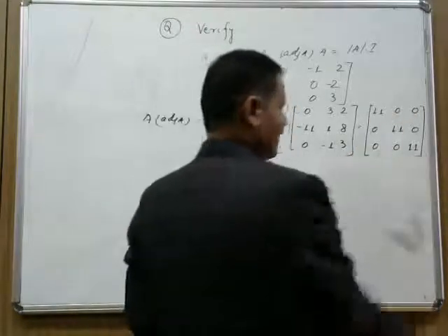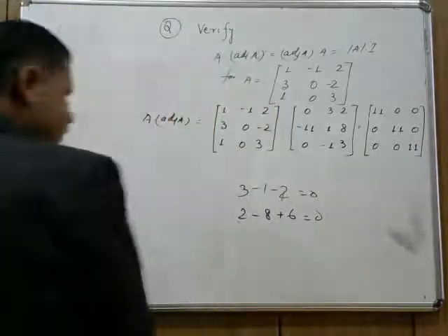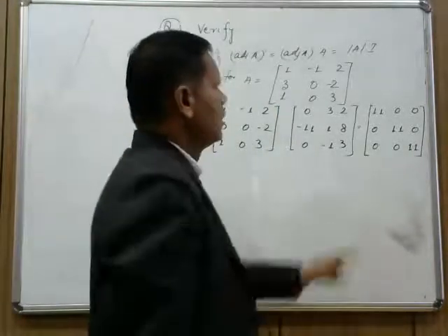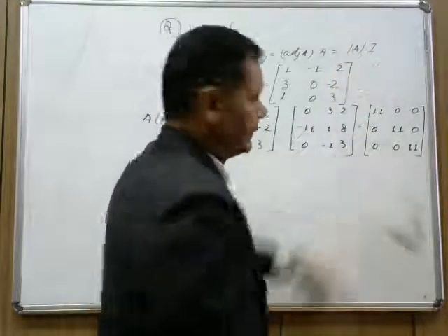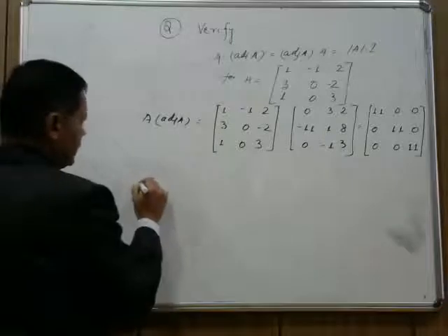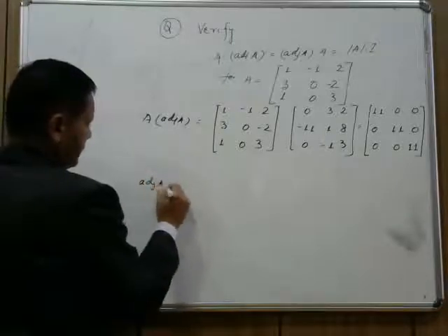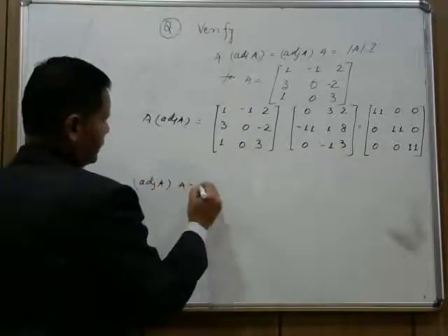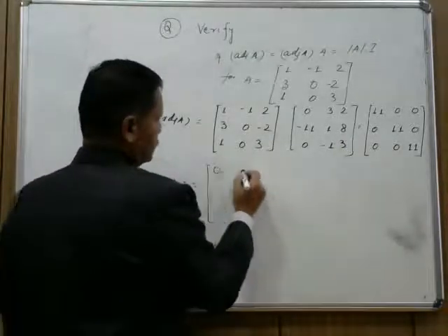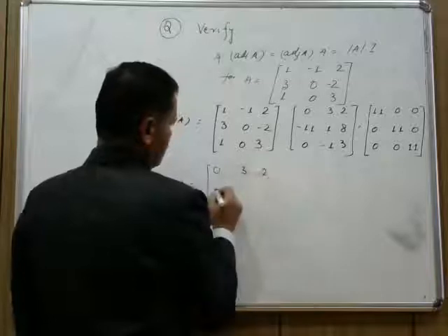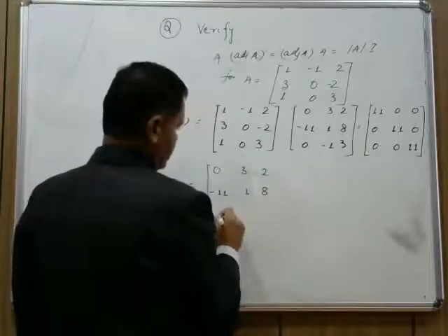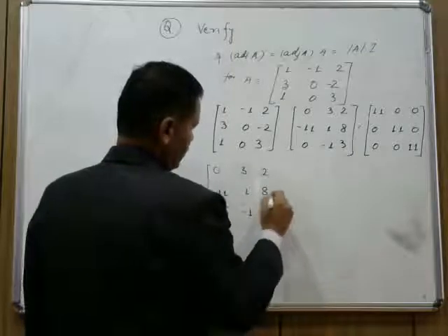That's why it will give you 11, 0, 0, 0, 11, 0, 0, 0, 11, which is equal to determinant of A into I. Okay, now we'll find out adjoint of A into A. Okay, now this is 0, 3, 2, minus 11, 1, 8, 0, minus 1, 3.